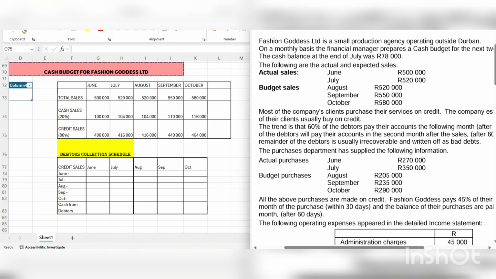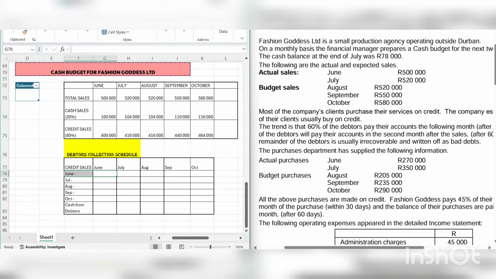We will use the credit sales amounts. You have your months above and months below.